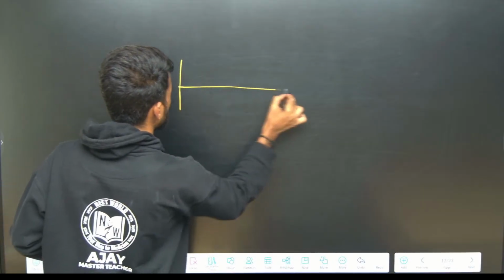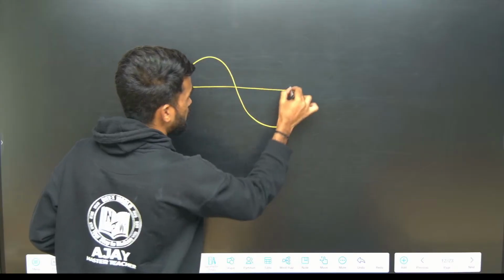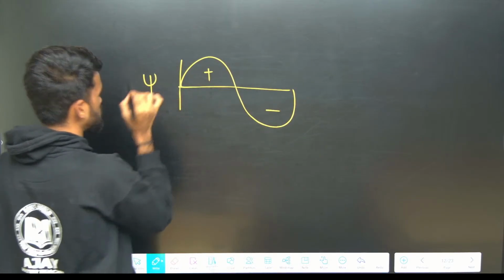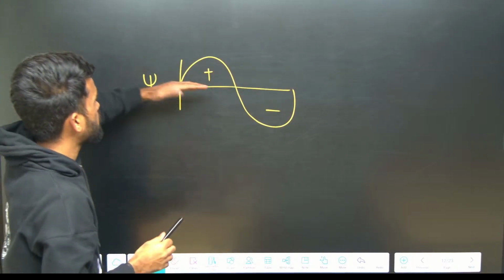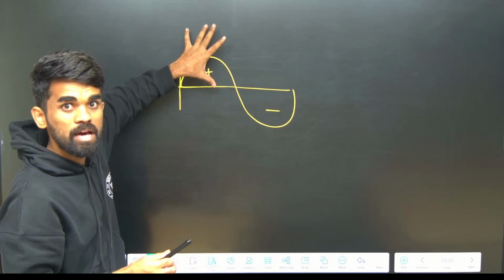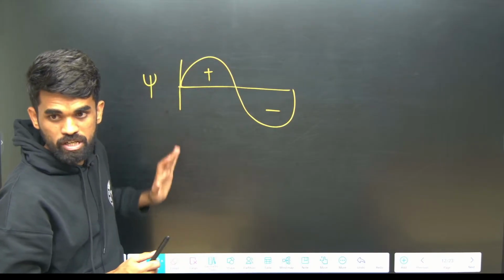So how did we get these quantum numbers? The Schrodinger wave equation is there. We represent a wave like this, and let us say psi is a wave function. The greater the amplitude, the greater the probability of finding the electron in that region.